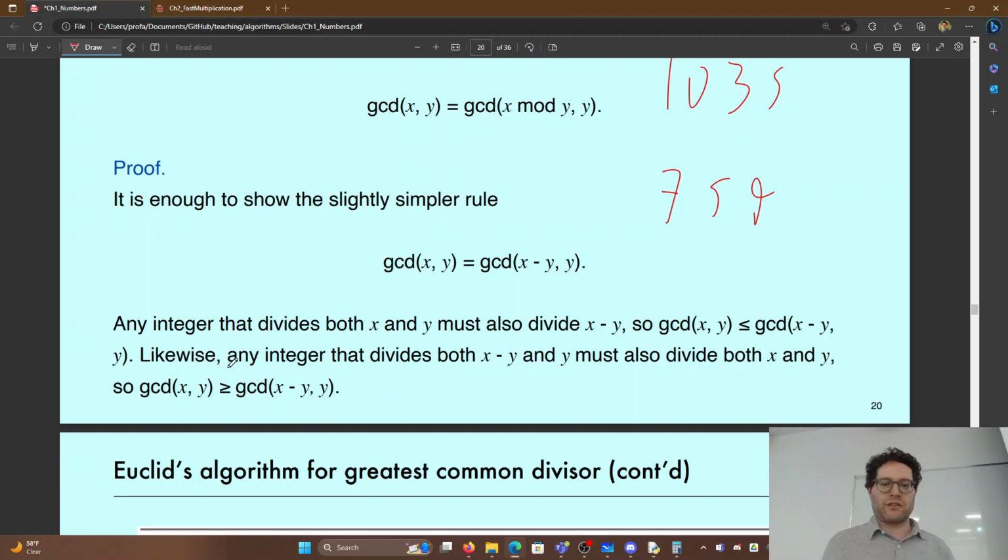Any number that divides both x and y must divide x minus y as well. It's one of those proofs that is fairly straightforward.